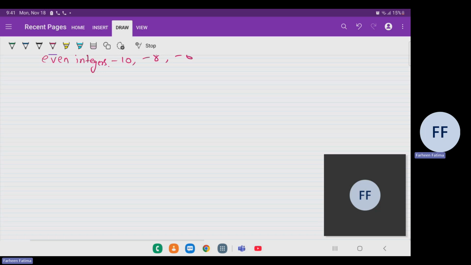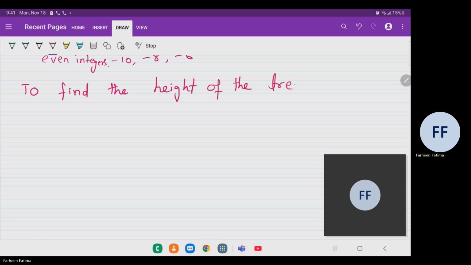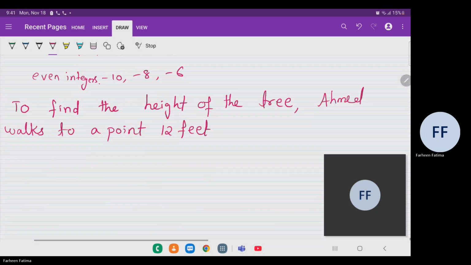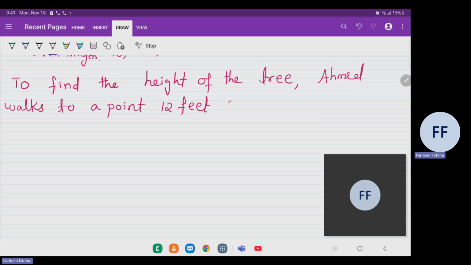Let me write the question here. To find the height of the tree, Ahmed walks to a point 12 feet from the base of the tree.